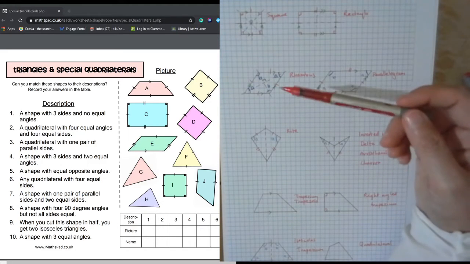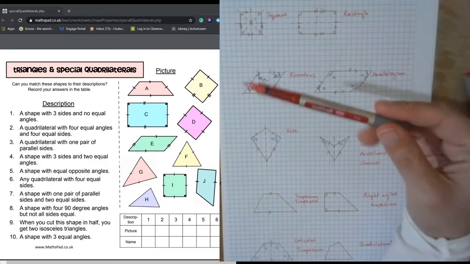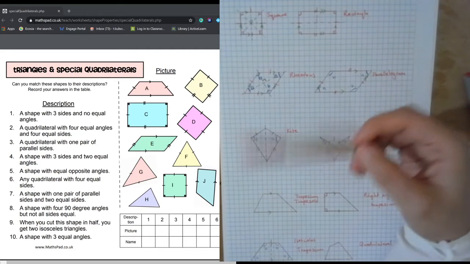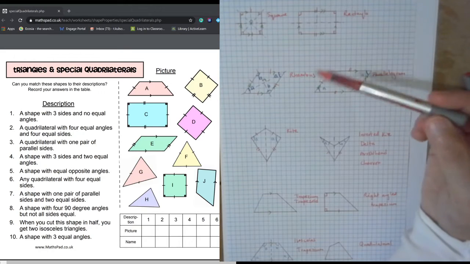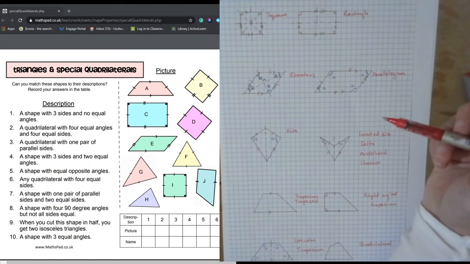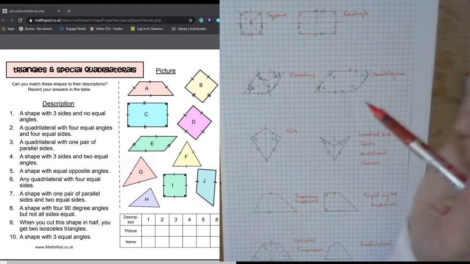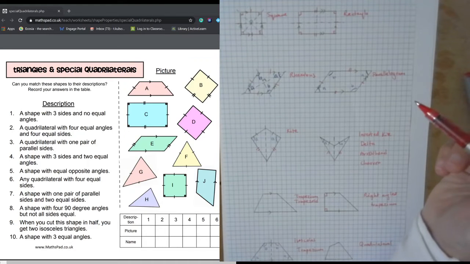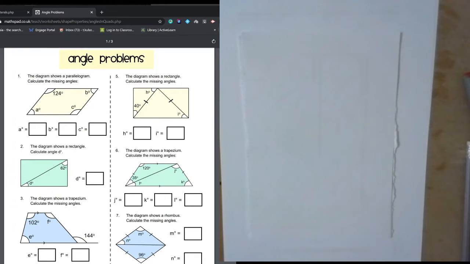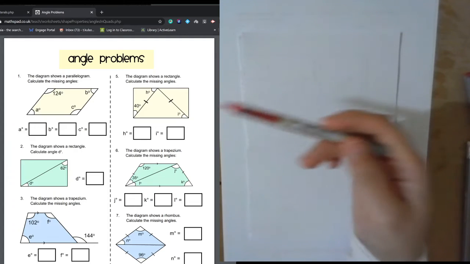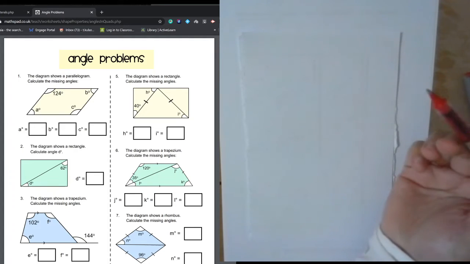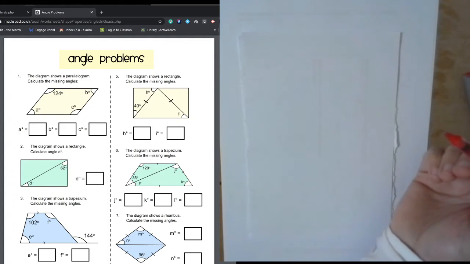So that sheet is all about the special quadrilaterals, but we do also want you looking at some sort of angle work. So if you just hold on a mo, and I will magically switch the screen to angles. Just looking across over there, you should be able to notice that there are angle problems, and all you need to do is try and see if you can work them out.